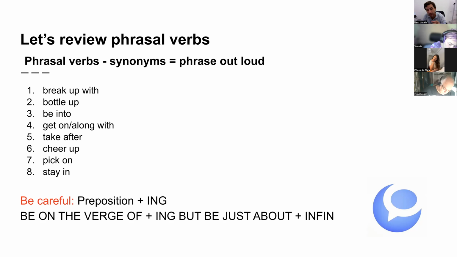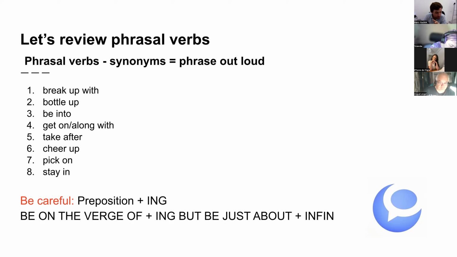Because it's a preposition. However, a synonym, be on the verge of, be just about. After this phrase, you use the infinitive. It is irregular. It does not follow the rule.